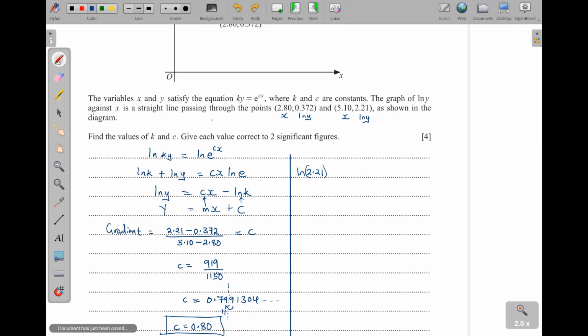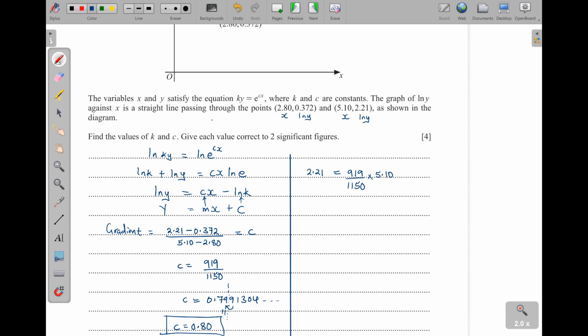So I will have now this natural log, 2.21, which is equivalent to the C we have gotten, which is 919 out of 1150. I'm going to use that exact value, not this 0.80. And then the X here is this 5.10.